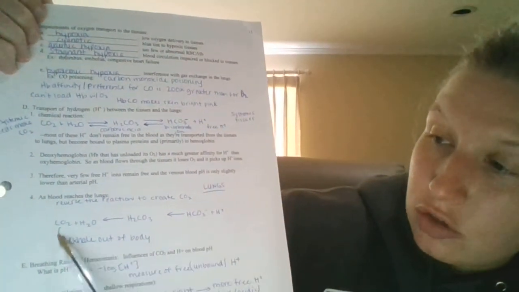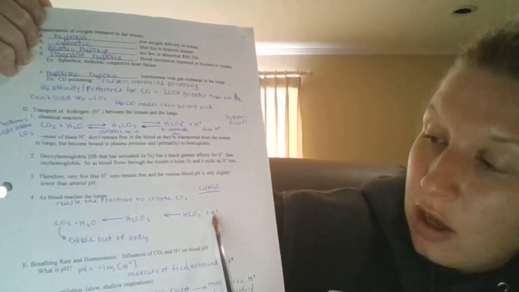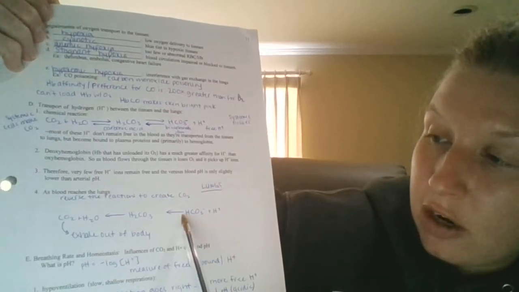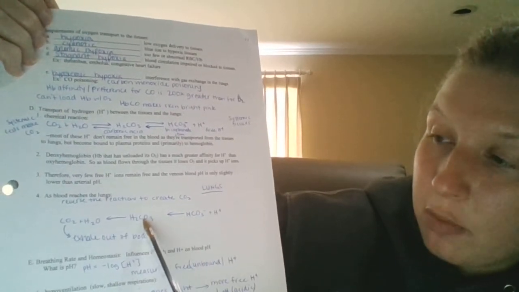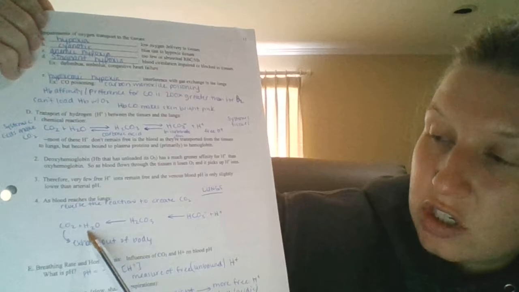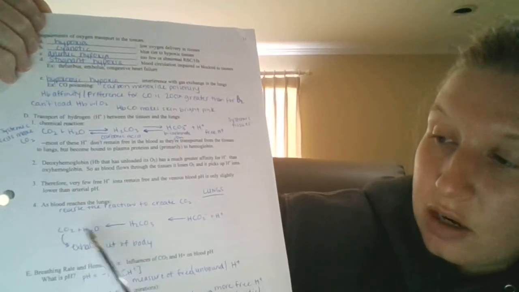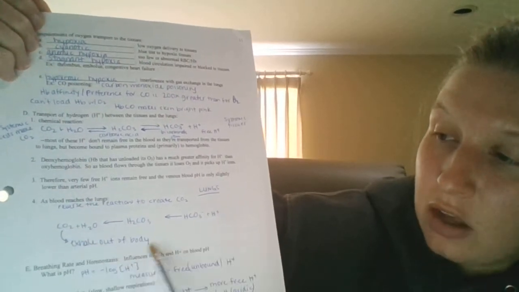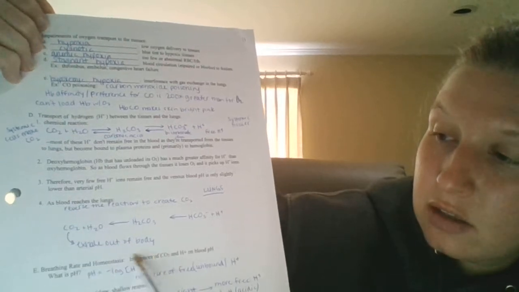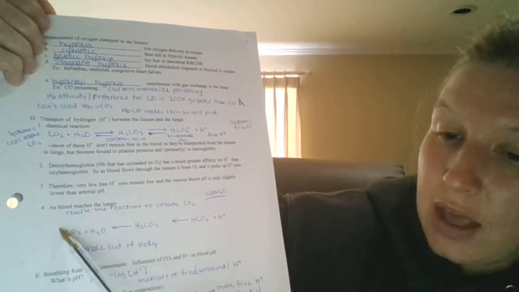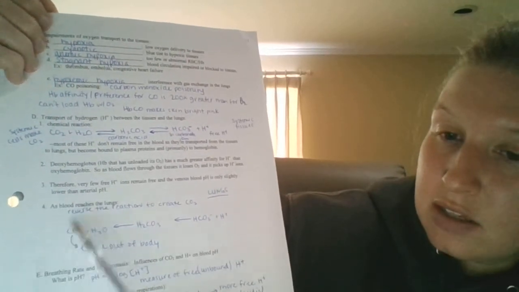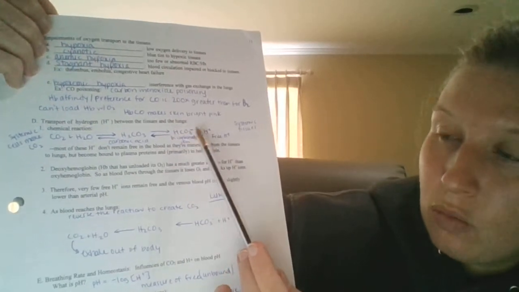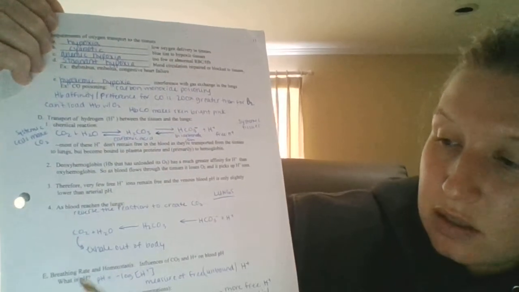So the reaction goes to the left. H plus bicarbonate is going to recombine to form carbonic acid, which is going to dissociate into carbon dioxide and water. You can exhale the carbon dioxide. So the reaction goes to the left in the lungs. This is the same reaction as the one up here. We just don't have the arrows going both ways.